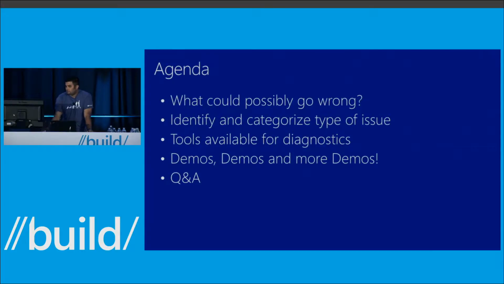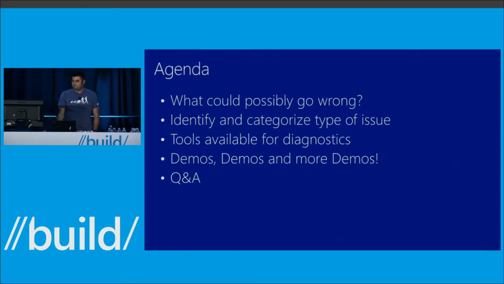Okay. So we'll cover four to five topics at a high level, starting with what could possibly go wrong. We'll see the different kinds of issues. We try to identify and categorize the issues before we start diving into how to use certain tools, because it's important to understand what kind of issue you're seeing before you start using different tools, right? You don't want to use a sledgehammer to put a nail into a fence.